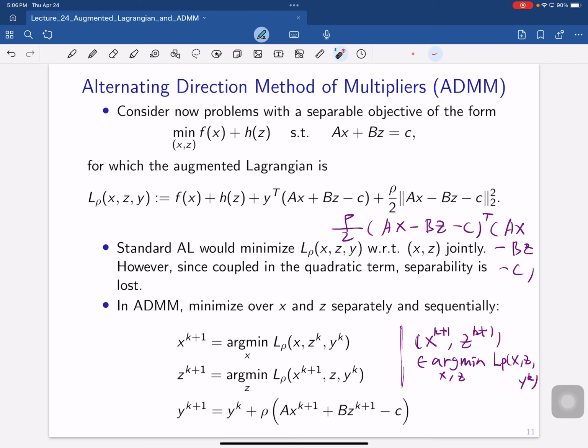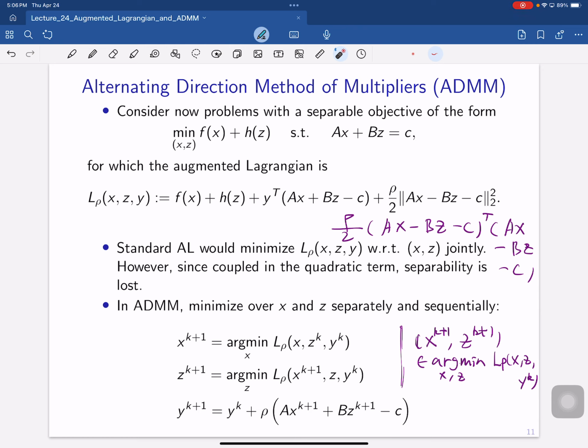Since we want x and z to be separable, what you can do in ADMM is, instead of optimizing x and z jointly, first optimize x. But if you just optimize x, you need to fix z and y at some value, right? So in this case, you fix z at the value from its previous iteration, z^k, and y from the previous iteration, right? And this problem is just optimizing over x.